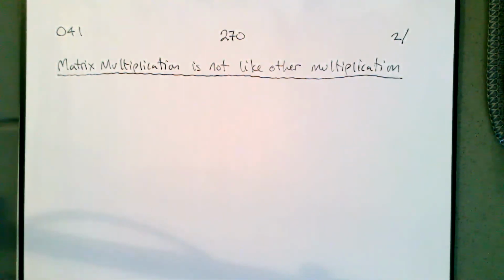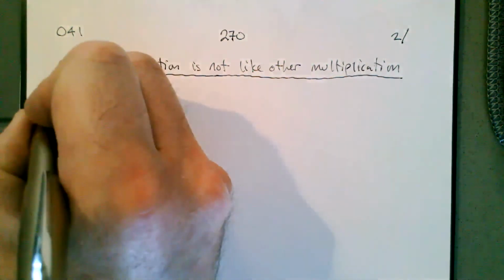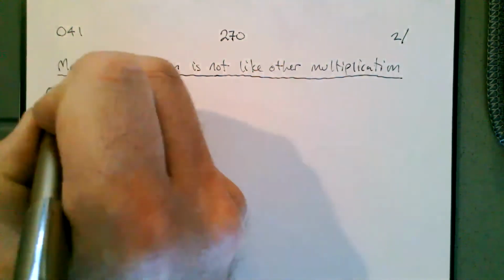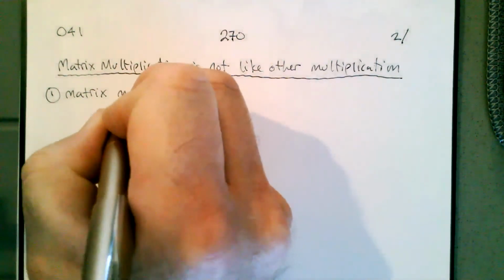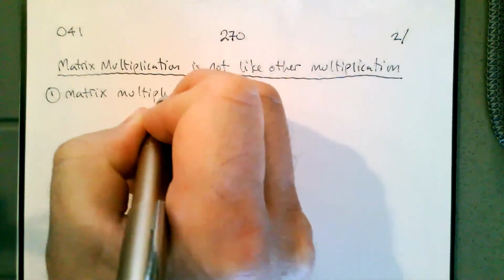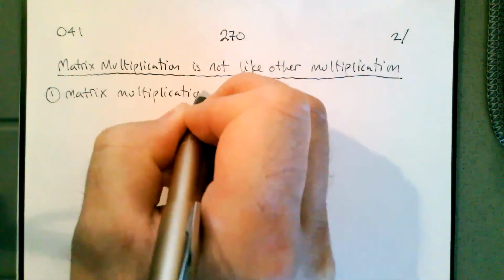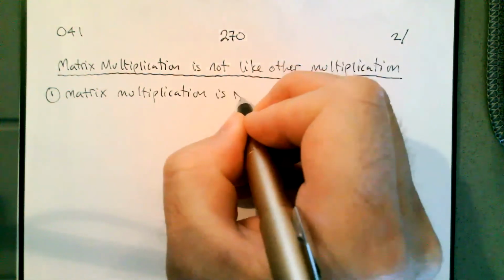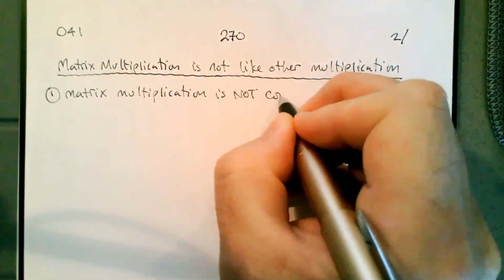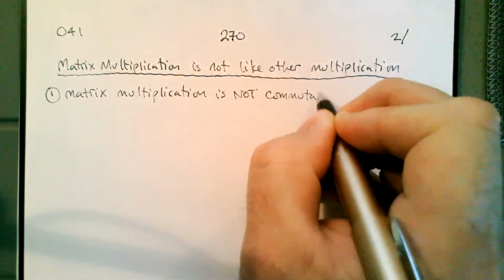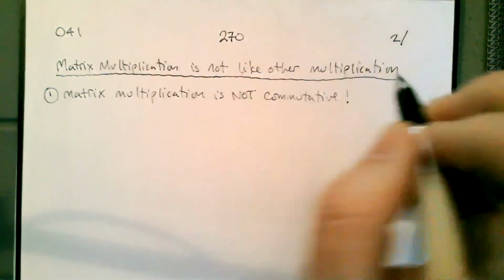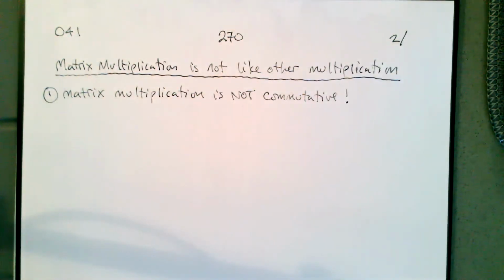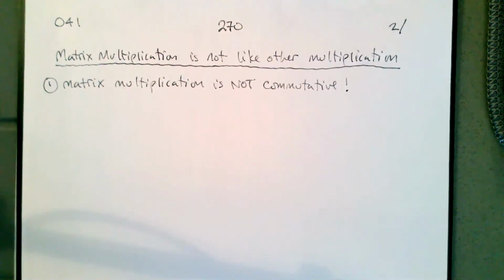So first thing to note, matrix multiplication is not commutative. This is different than our multiplication of real numbers.